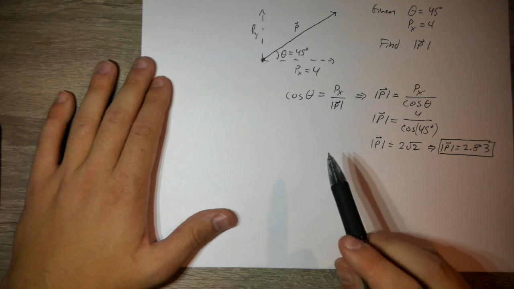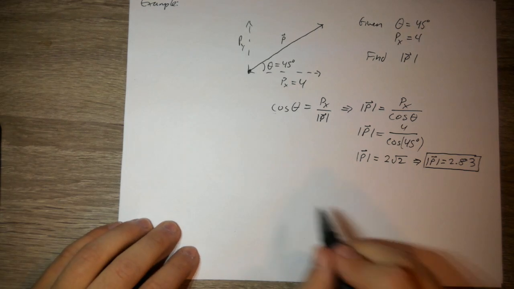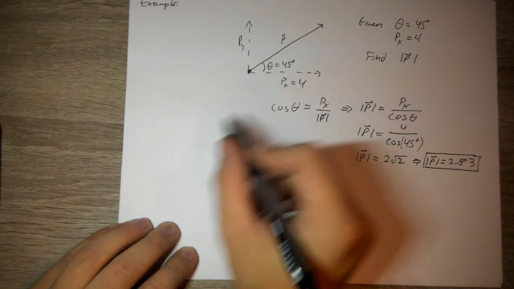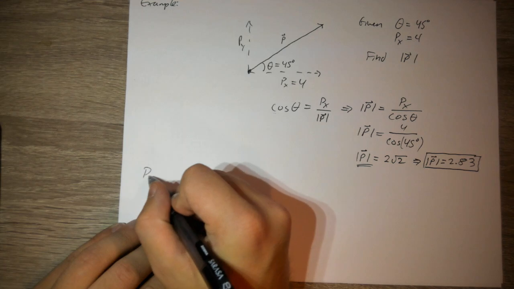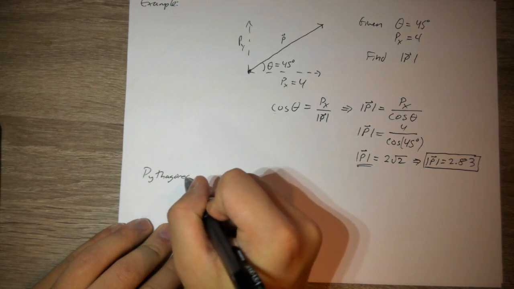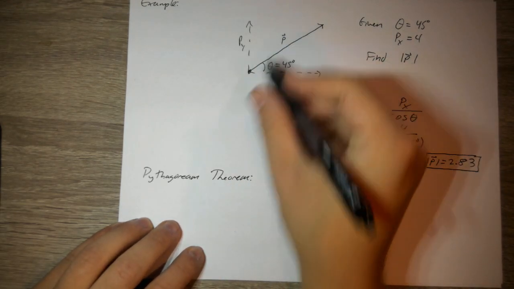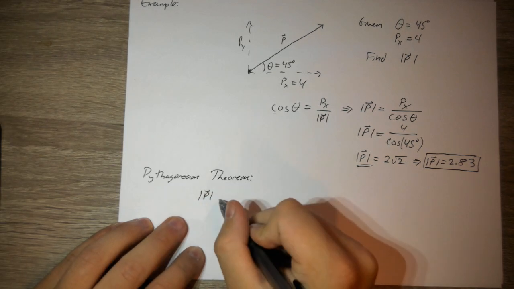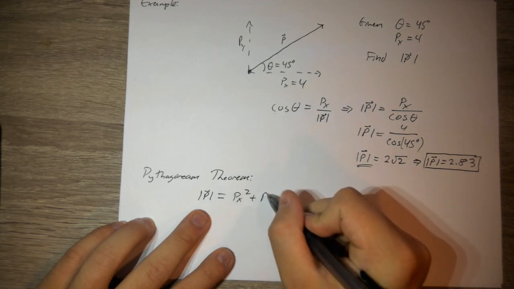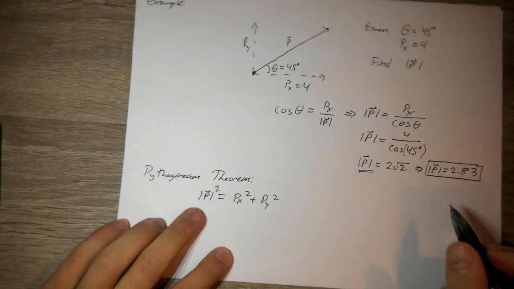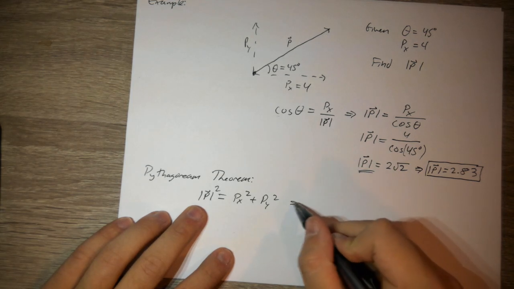Now, one final thing: there are times when we know both the x and the y component, and we want to find the magnitude. We can use a trusty old theorem, the Pythagorean theorem, which says that the magnitude of p squared is equal to px squared plus py squared.